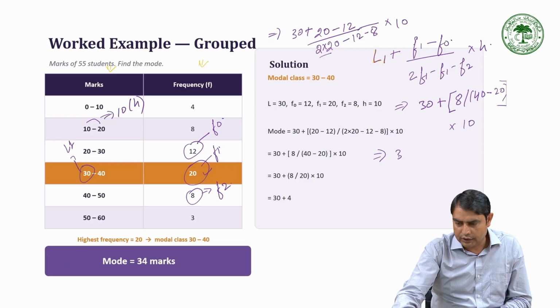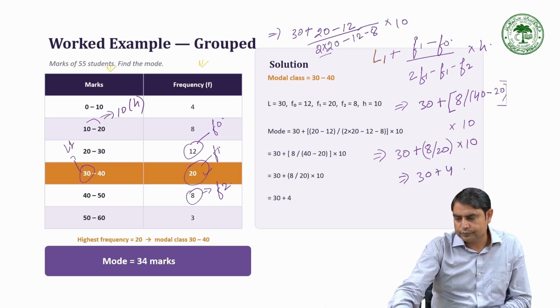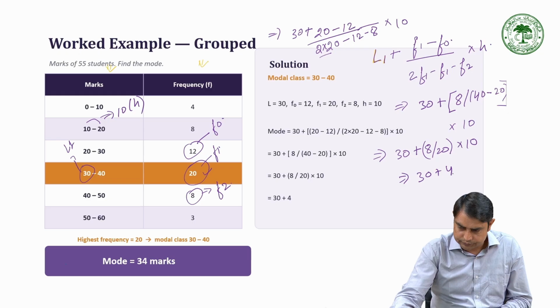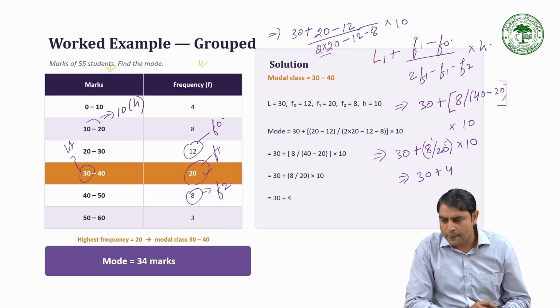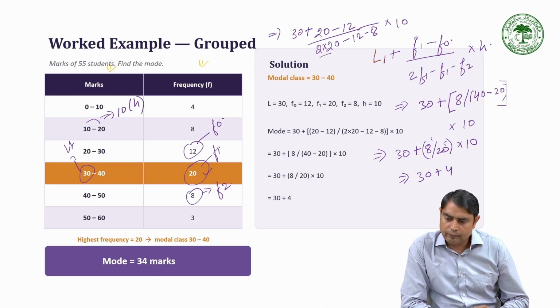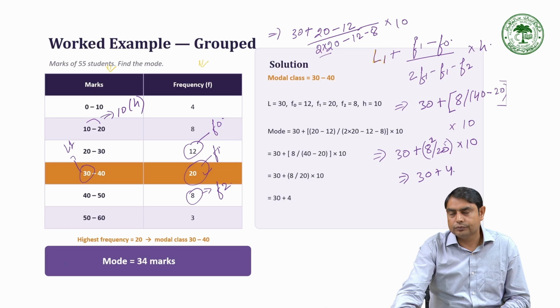which will give you 30 plus 8 by 20 into 10. 30 plus 0.4 into 10 is 4, right?